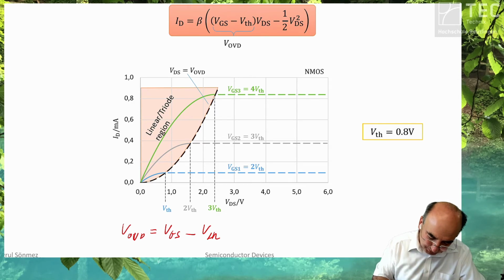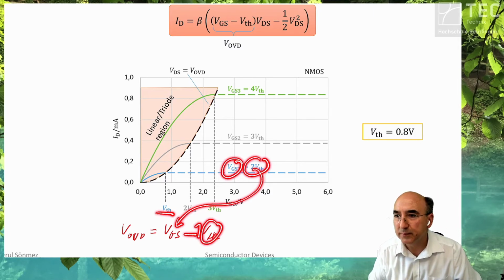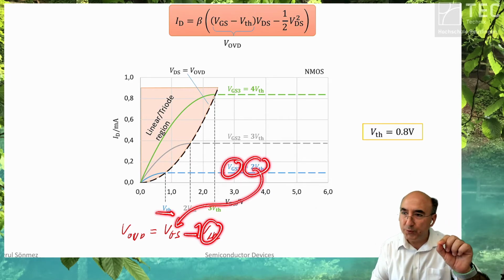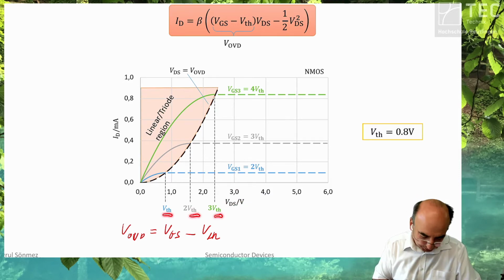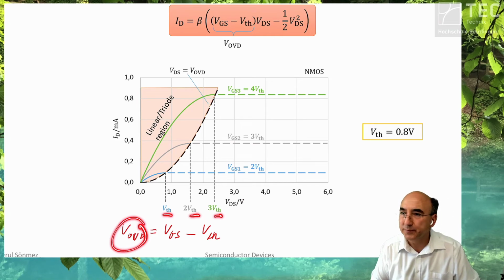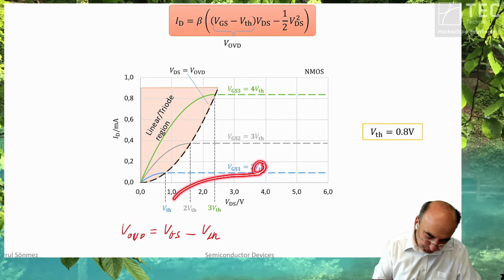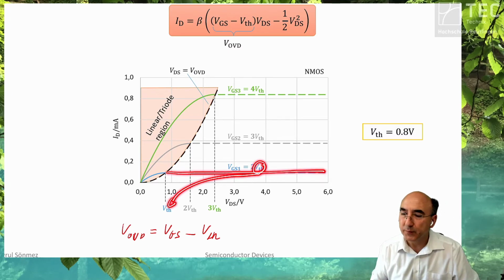And if your VGS is 2 threshold, minus 1 threshold is 1 threshold. So don't be disturbed by this index. It is the overdrive voltage. It is one threshold less than the gate voltage.